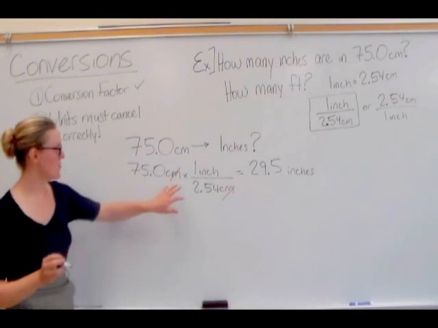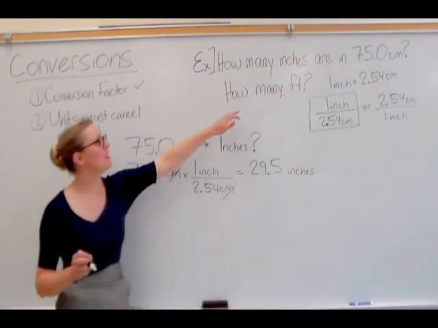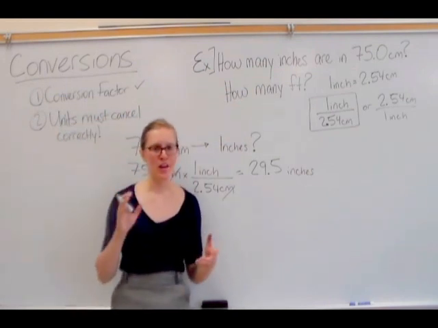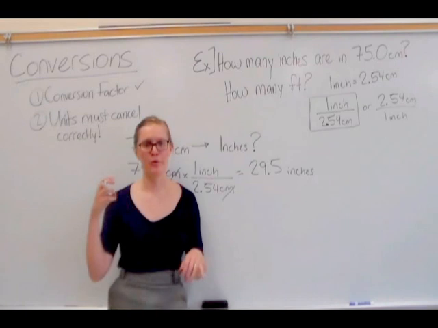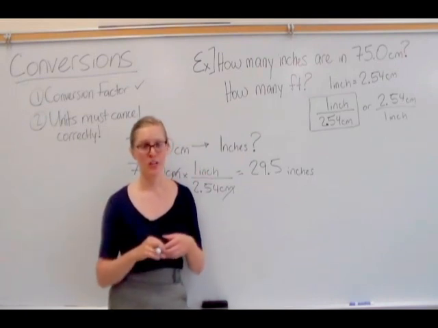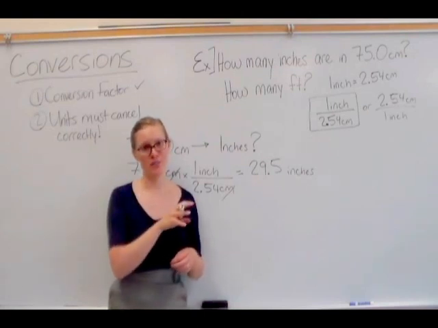So now, going on to the next part of the question, it says, how many feet are in 75 centimeters? Well, we don't know a direct conversion factor that goes from centimeters to feet. So instead, we'll go centimeters to inches, and then inches to feet.